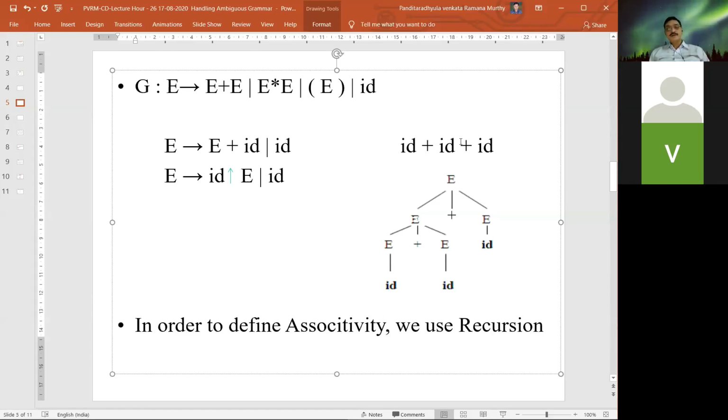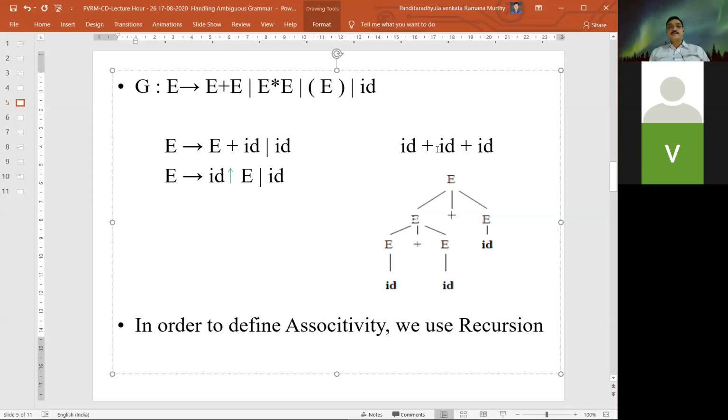So what is our requirement here? We want to handle the leftmost symbol. If we want to use the leftmost symbol, the grammar has to expand towards the left only. If you want to avoid the ambiguity, we want to expand towards the left only.